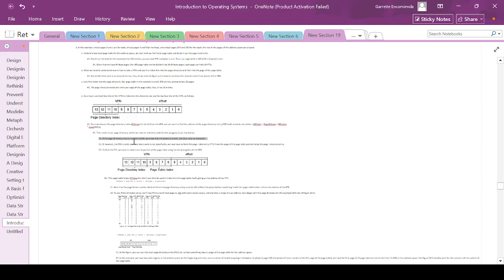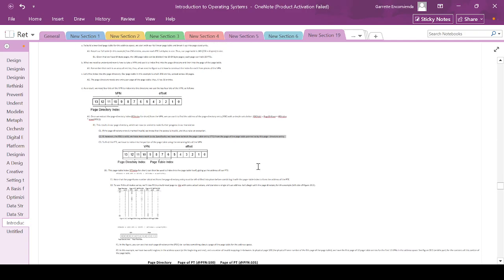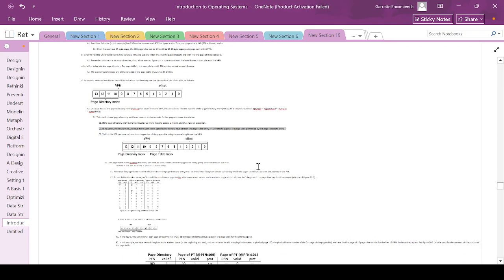If the page directory entry is marked invalid, we know that the access is invalid and thus raise an exception. If, however, the PDE is valid, we have more work to do. Specifically, we now have to fetch the page table entry from the page of the page table pointed to by this page directory entry.